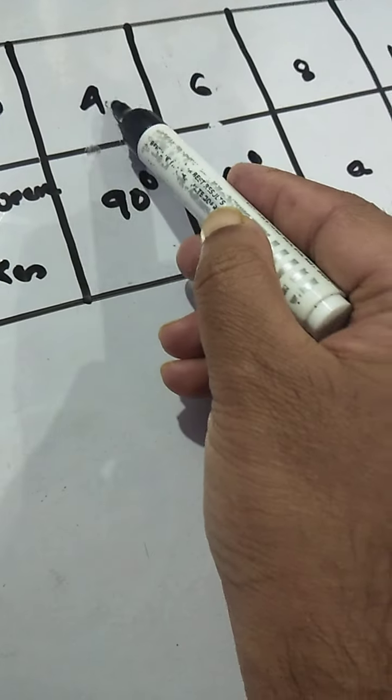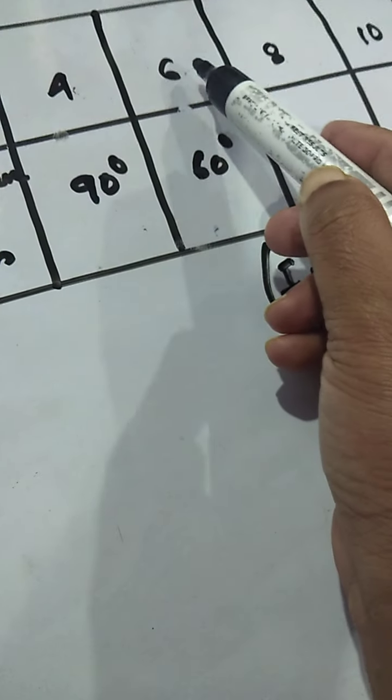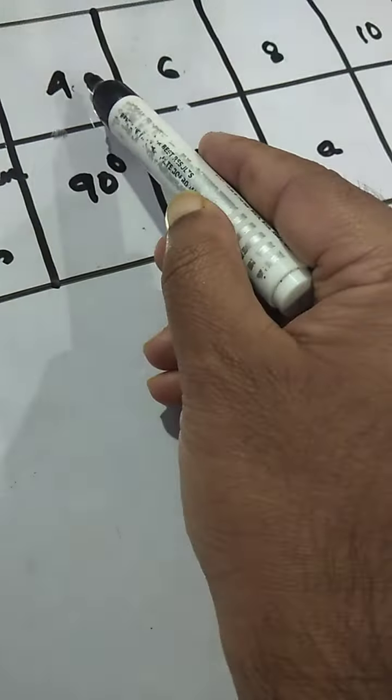Now, as we learned how to solve inverse proportion, we will compare these 4, 90 degree, 8 and a. You could also compare 6, 60, 8 and a, but I am comparing these 4 quantities.